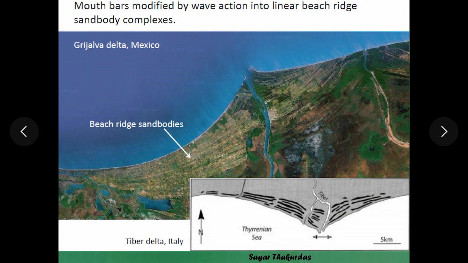But associated with wave dominated deltas you find barrier island complexes, which include lagoon, tidal flats and other sub environments, which are a part of strike fed system where the sediments are redistributed and deposited parallel to the coastline. So although delta is a part of dip fed system, you will find environments associated with delta which are a part of strike fed system.